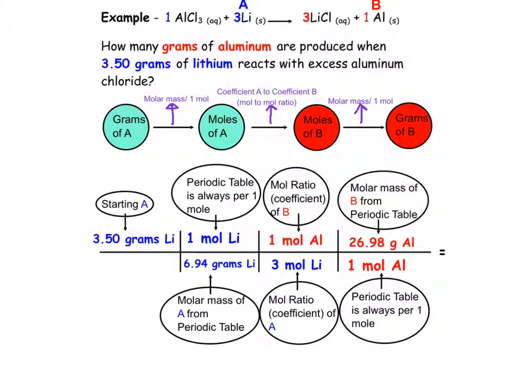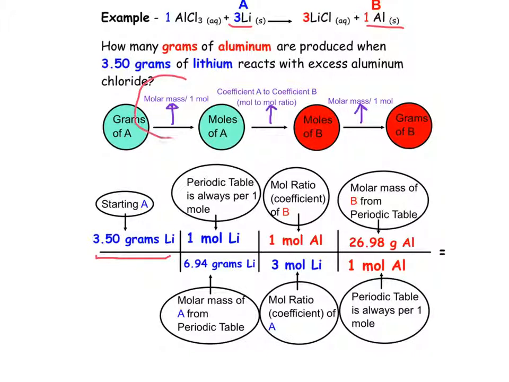Oftentimes the problem will ask you to solve for, say, from grams of A to grams of B, which in this case would be if we want to solve for a starting amount of lithium to how much aluminum would be produced, where we'd go from grams of substance A to grams of substance B, which is what's being done in this entire example problem down here. So we started with grams of lithium, which was provided to us.